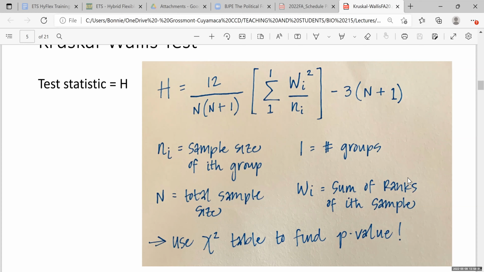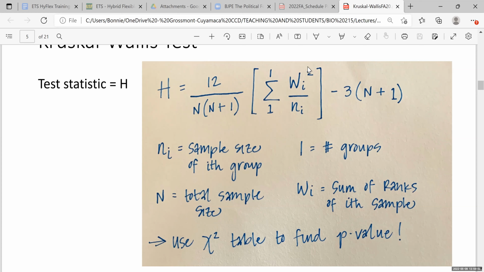That's the sum of the ranks of the ith sample. So just like we found the ranks when we're doing a rank sum test, we're going to find the ranks out of the whole data set mixed together. And then we're going to sum up the ranks within each of the sample groups. Those are going to be our capital W sub i's.